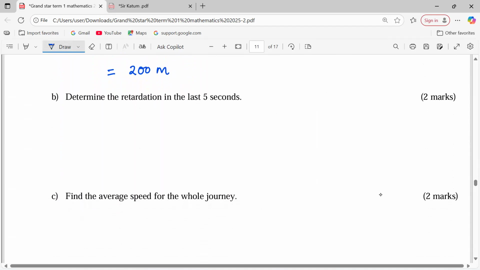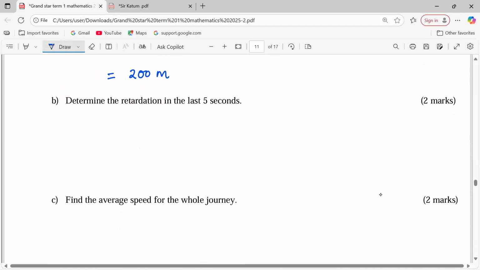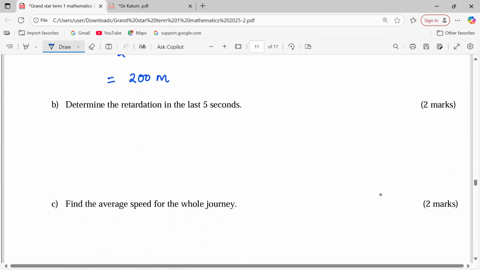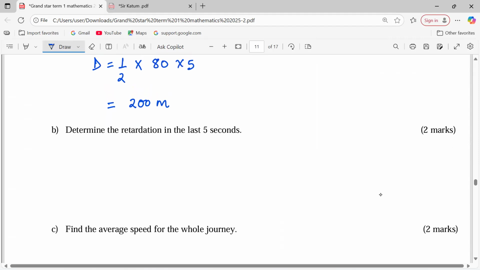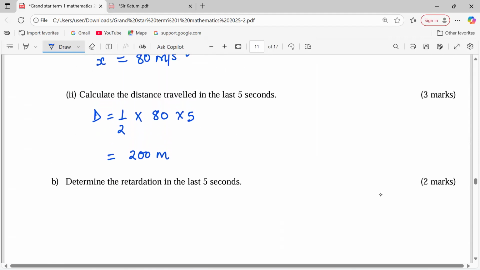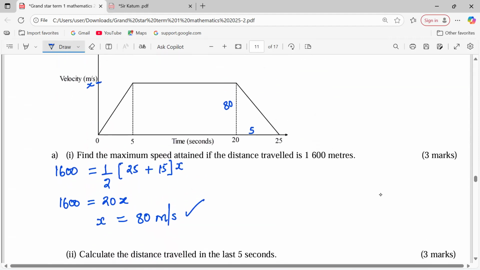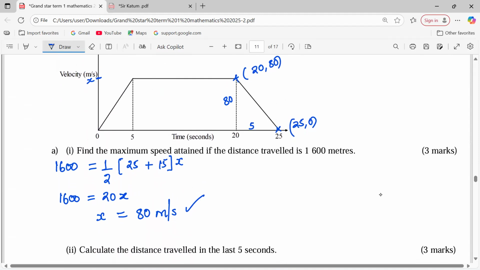Part B, determine the retardation in the last 5 seconds. This can be done in 2 different ways. First, we can talk about the gradient of this part. We are moving from the coordinate (20, 80) all the way to (25, 0). So we get the slope at that point.